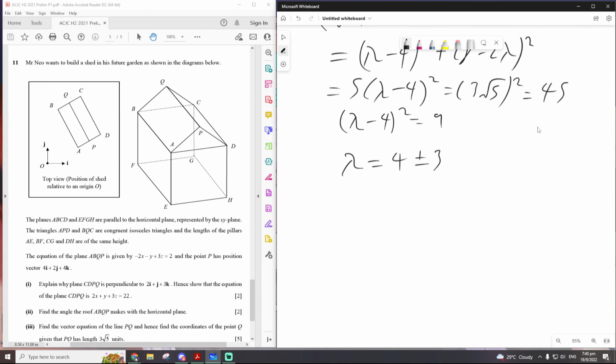This will give me lambda equals 7 or lambda equals 1. From here I can go and find my OQ.